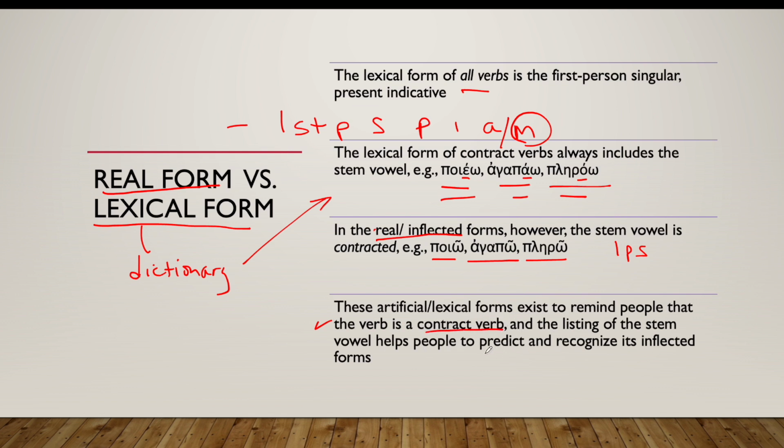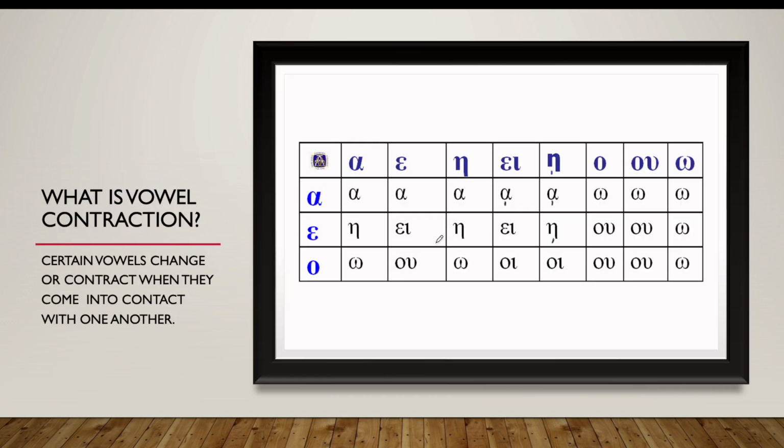So once you know it's a contract verb, you can predict and recognize the inflected forms. You're aware that it is a contract verb. So that's the difference between the lexical form and the real inflected form of these contract verbs. And that's an important point to make. These lexical forms do not happen in real life. They are artificial. They're there for our knowledge alone.